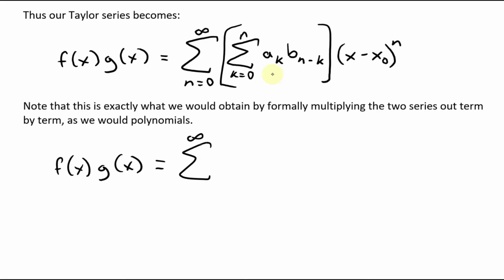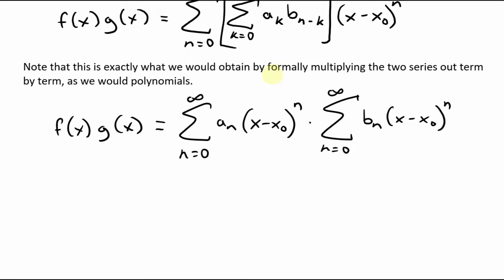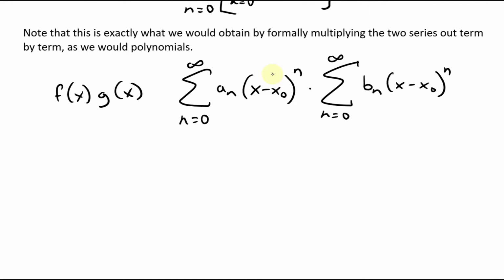So if we have the first series, the summation from n equals 0 to infinity of a_n (x minus x naught) to the power of n, which is the f of x formula, let's multiply it by the second series, the summation from n equals 0 to infinity of b_n (x minus x naught) to the power of n for g of x. Let's multiply these out term by term, just like polynomials.